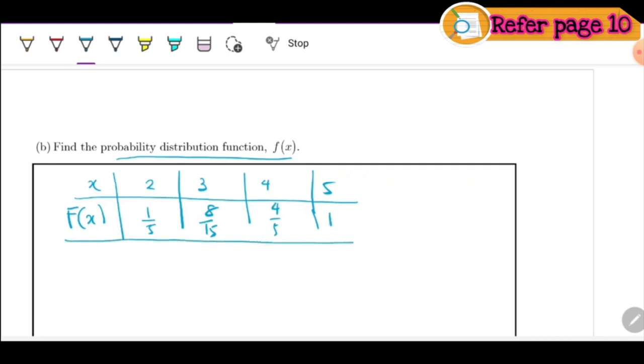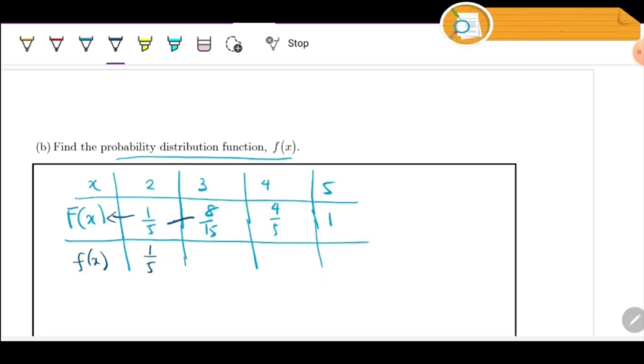Then draw a next row below the CDF. This is the PDF. So to find x equals to 2, we use F2 minus F1. So we get 1 over 5. To find the probability when x equals to 3, we use F3 minus F2, which is 8 over 15 minus 1 over 5.